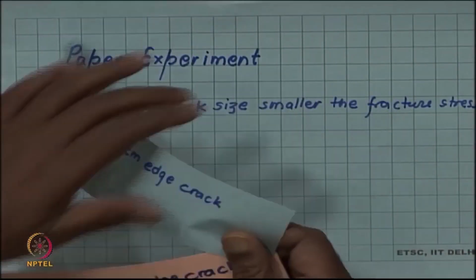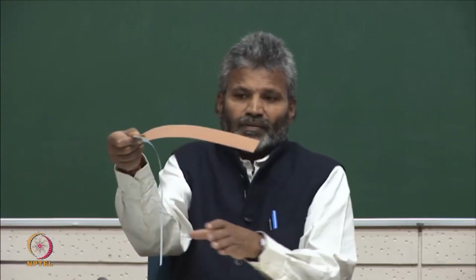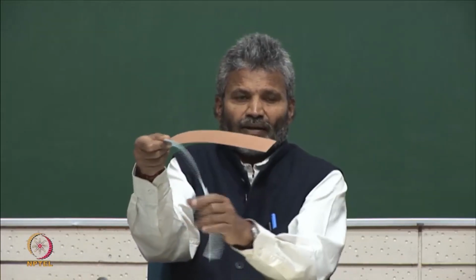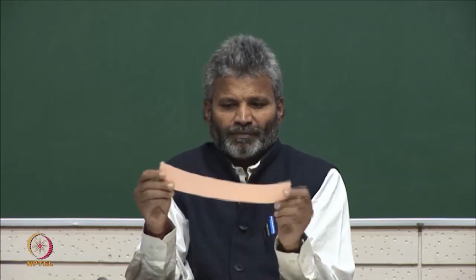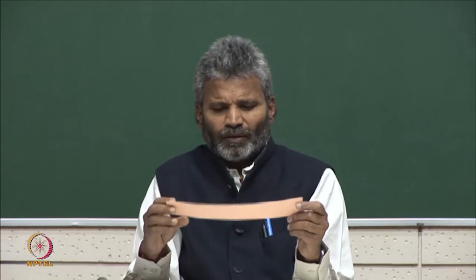You can see I am holding them in my hand. This one is very floppy because it is a thin sheet, and this one is of a stiff paper. So, the stiffness of this is much more than this one.